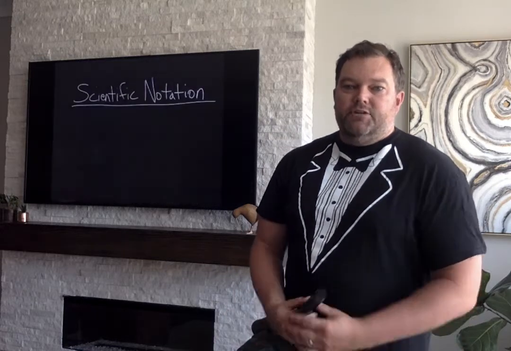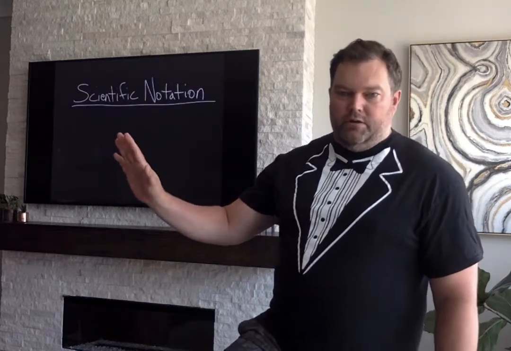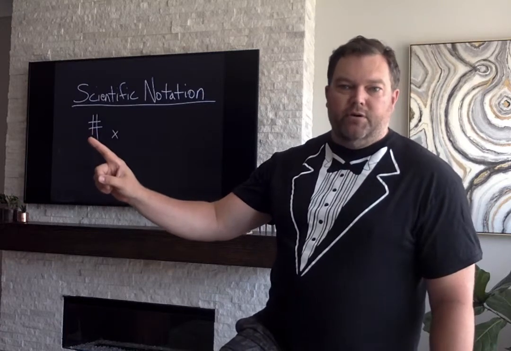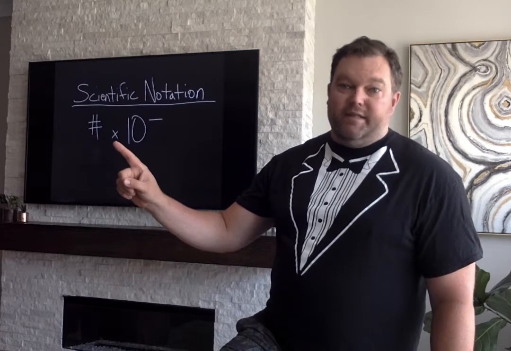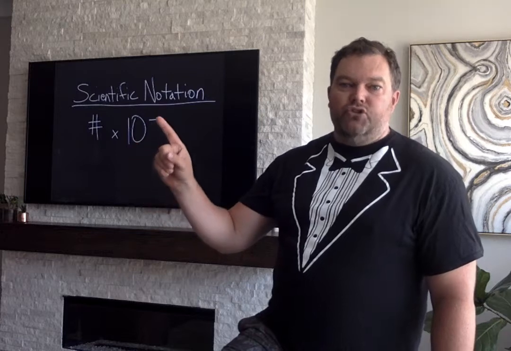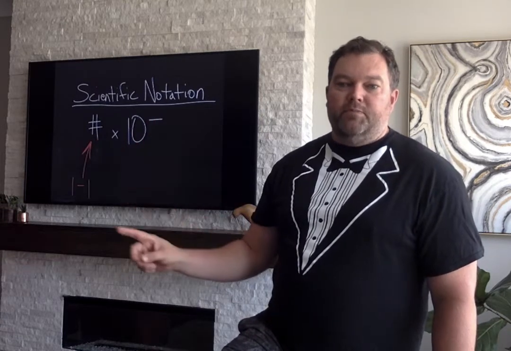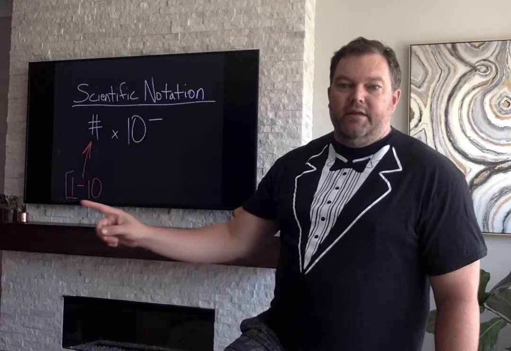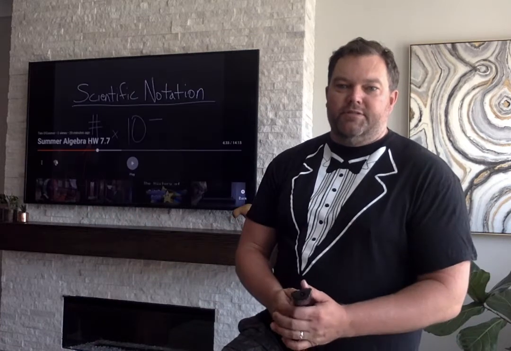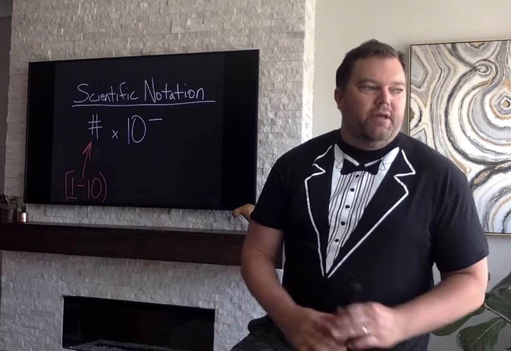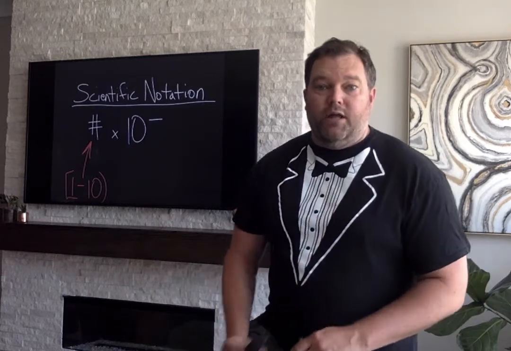So scientific notation has a common way of writing it. You have a number and then a times sign, that's not an x, times 10 to the, and there's an exponent here. This number has to be between 1 and 10. Now you notice I put a bracket here and a parentheses there. This is something that goes back to when you're talking about inequalities.